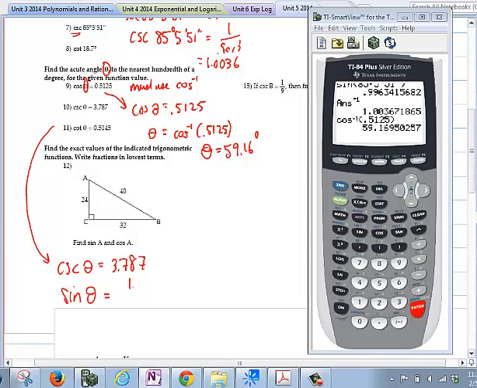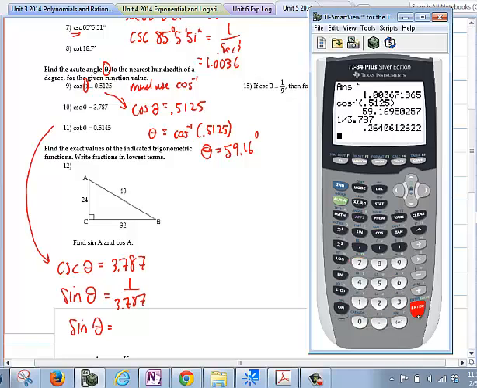So sine is equal to 1 over 3.787. Find out what that decimal is. Just use your calculator, 1 divided by 3.787. So the sine of theta is equal to 0.2641. And now use inverse sine to find the angle.